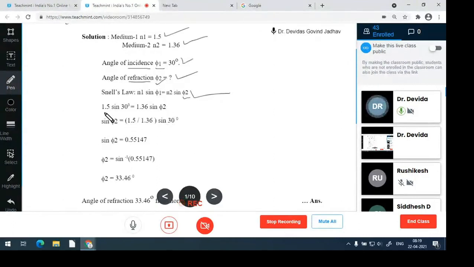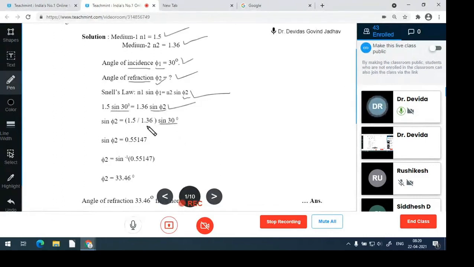So substituting, 1.5 into sine 30 equals 1.36 into sine phi 2. So take sine phi 2 on one side and all the remaining terms on the other side. So it becomes 1.5 divided by 1.36 multiplied by sine of 30.